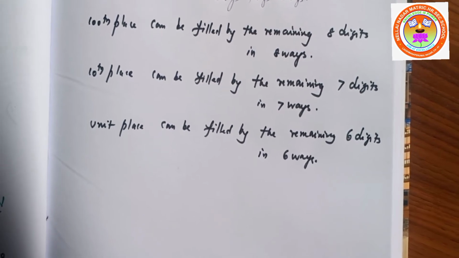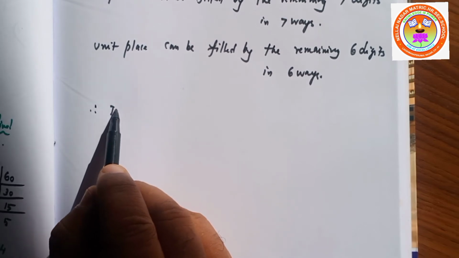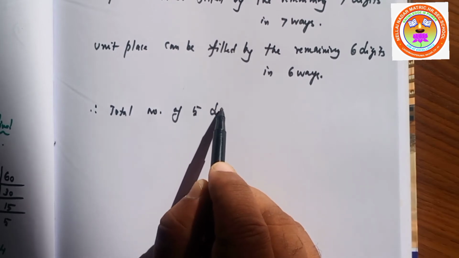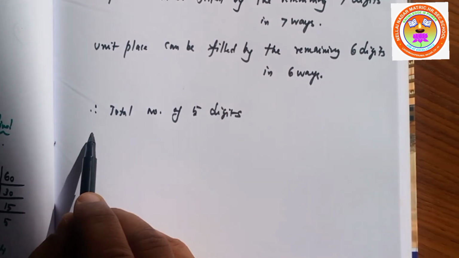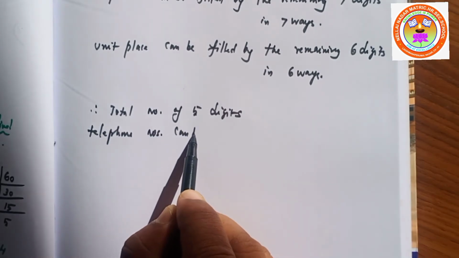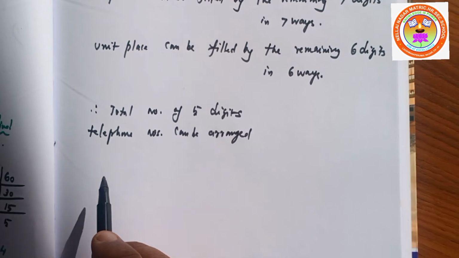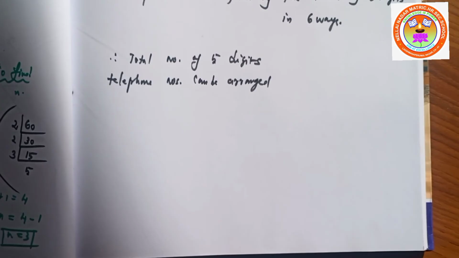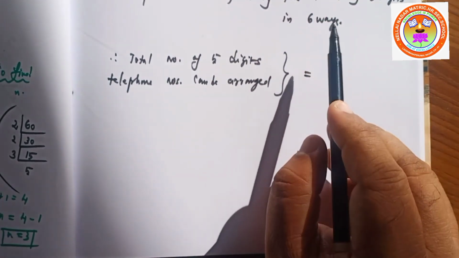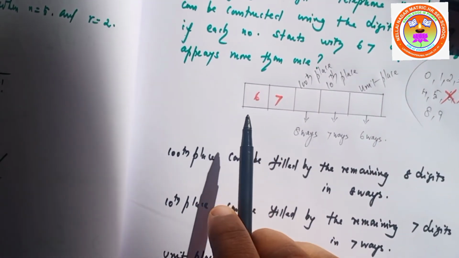Okay, children? Therefore, the total number of 5-digit telephone numbers that can be arranged is equal to, we have to multiply 8, 7 and 6, because already these 2 digits are fixed.